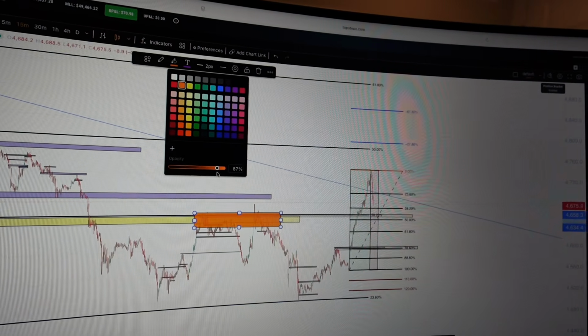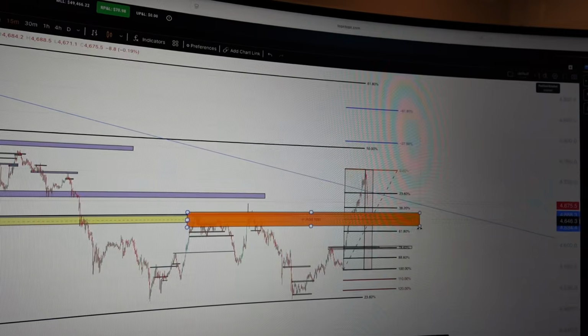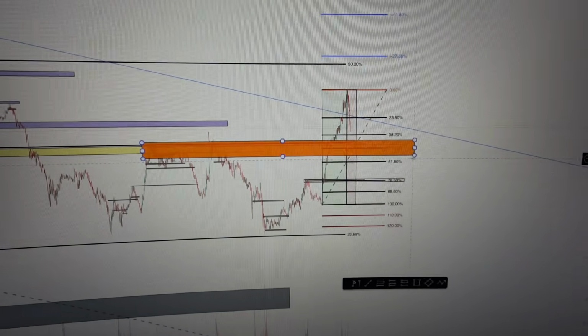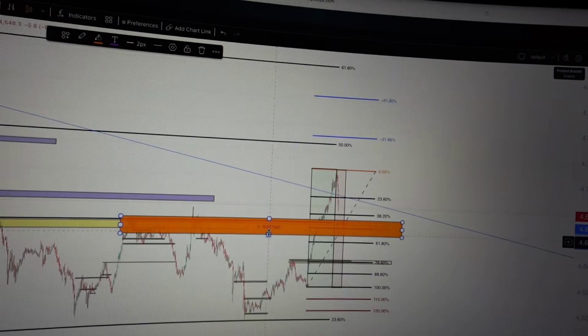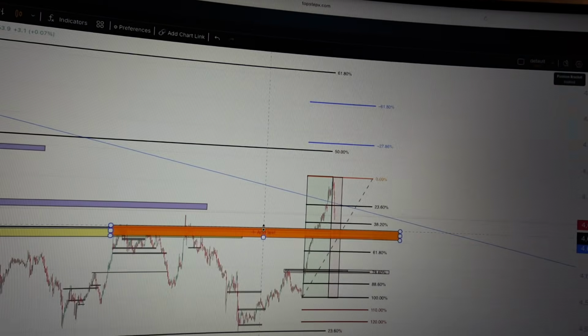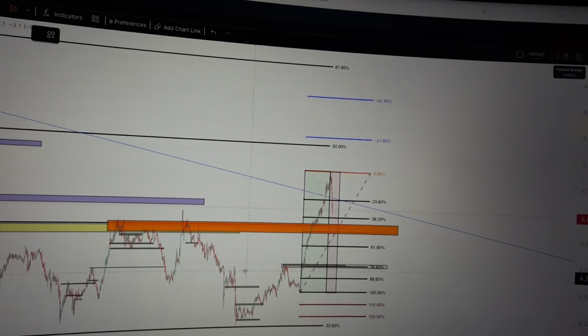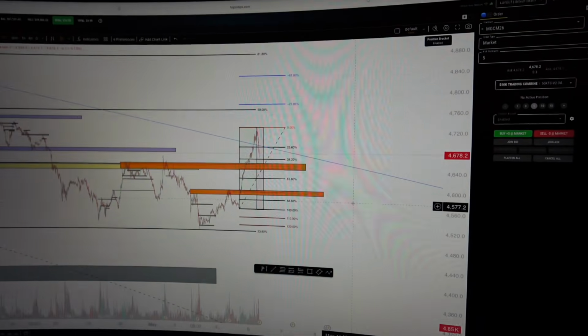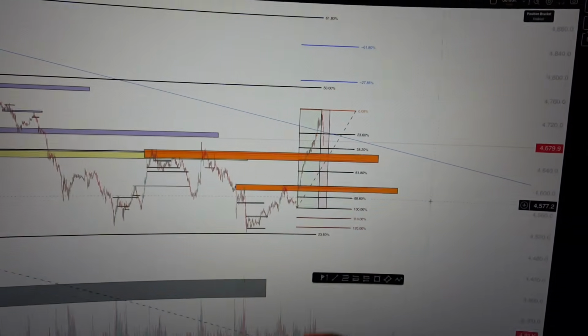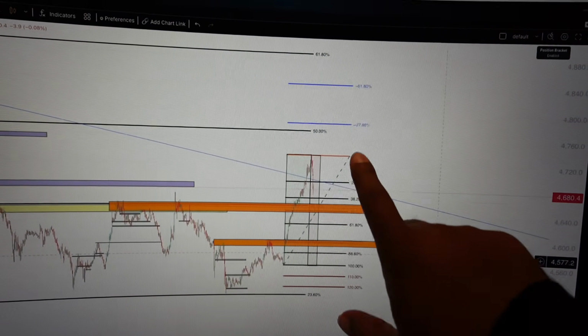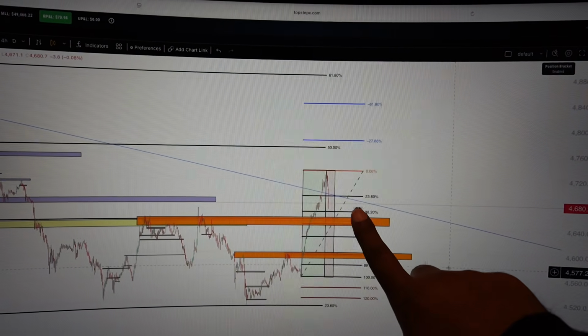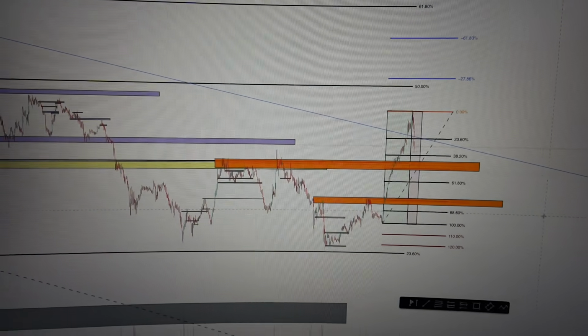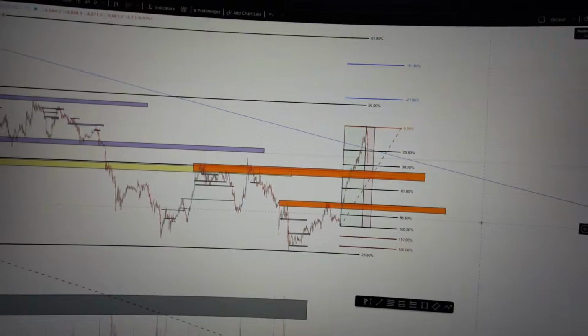I'm seeing if price will bounce from here, or from here. So looking to see if price is going to bounce and continue from here, or if price will bounce and continue from here. So that's currently on my radar.